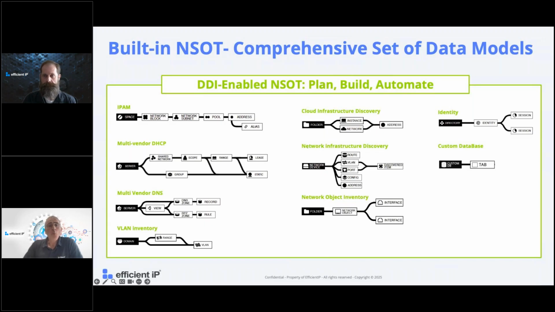The network object inventory is another important component to integrate in EfficientIP's strategy, because the objective is to give you the ability to plan, build, and then automate, including the topology part of your network.